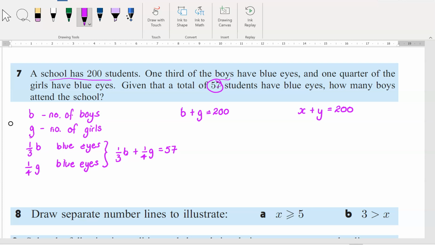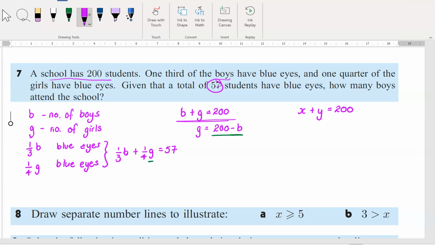So we can rearrange this, I hope you agree, to say that the number of girls equals 200 minus the number of boys. And so what we can now do is substitute. We're going to substitute this for wherever G is here.